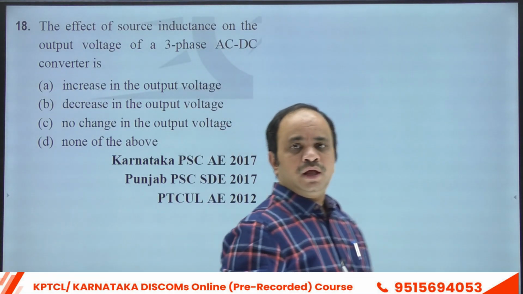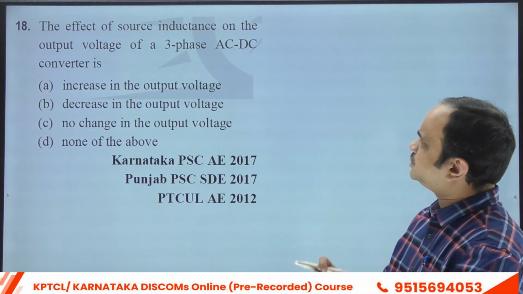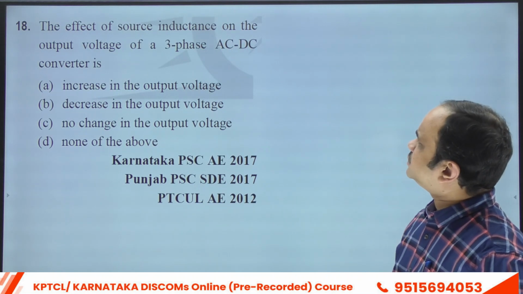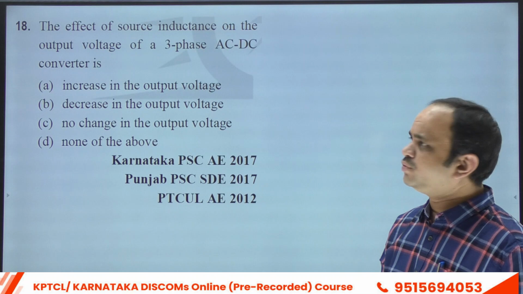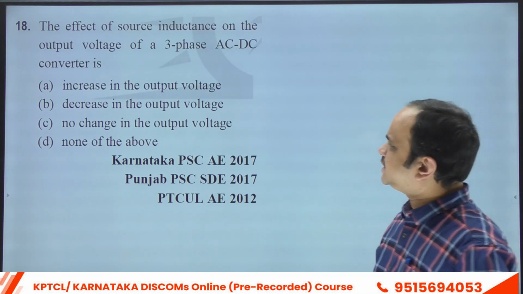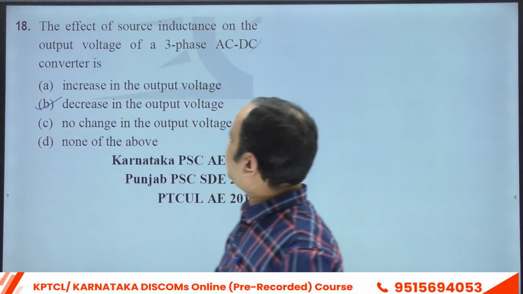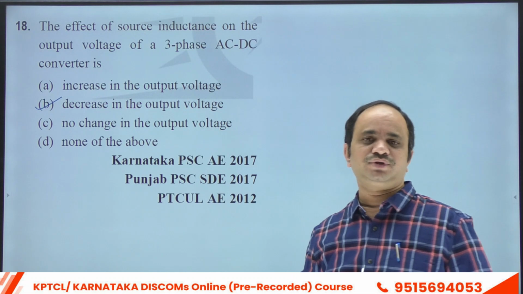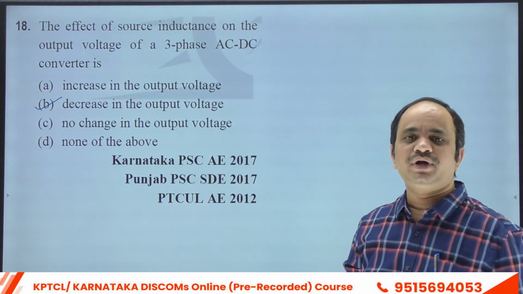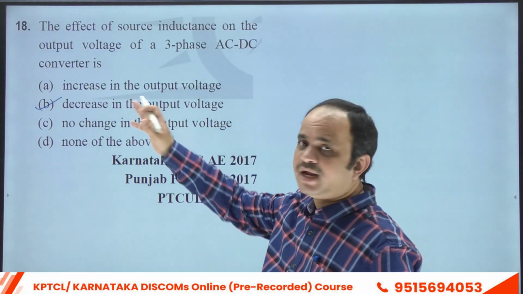Next, let us look into the next question. The effect of source inductance. This point is already explained. The effect of source inductance on the output voltage of a 3-phase AC to DC converter is: whenever source inductance is taken into account, it will decrease the average output voltage of the overall converter, whether it is single phase or three phase.